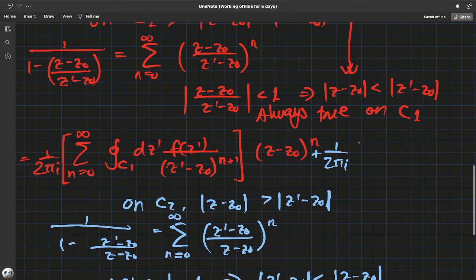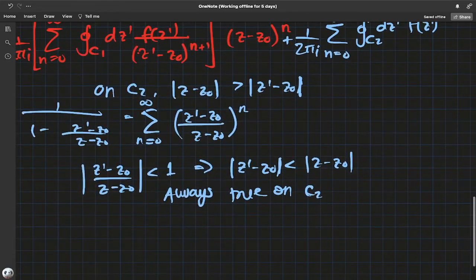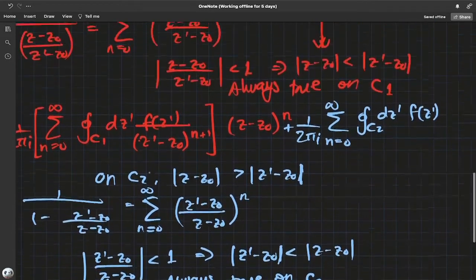I have 1 over 2 pi i, summing n equals 0 to infinity, integral over C2 dz prime f of z prime. I will have a z prime minus z naught term in the numerator.